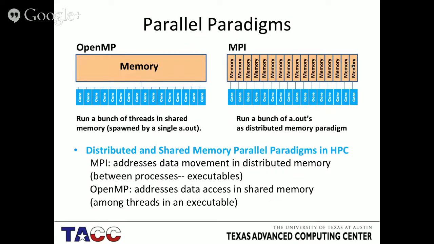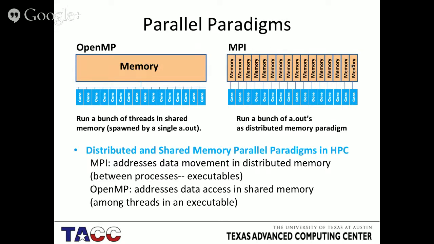So we have a shared memory model that we normally program with OpenMP, but this could be pthreads, it could be TBB, it could be whatever threading model you want to use. Essentially a fine-grained model of parallelism where every single core or processing element has access to the memory. And typically you have a single executable, a single a.out that spawns all these threads, and each of them accesses the memory.